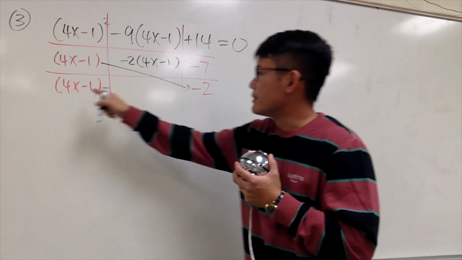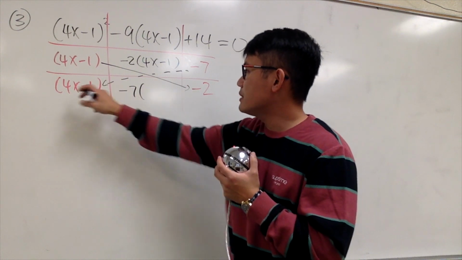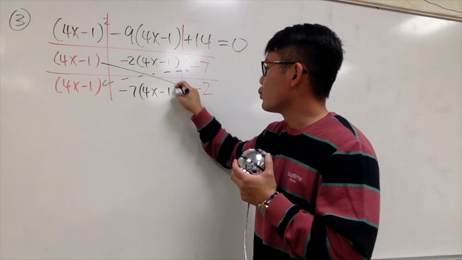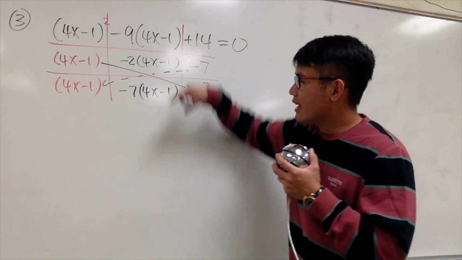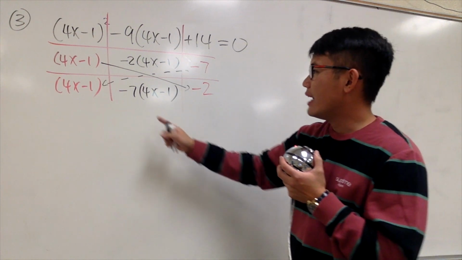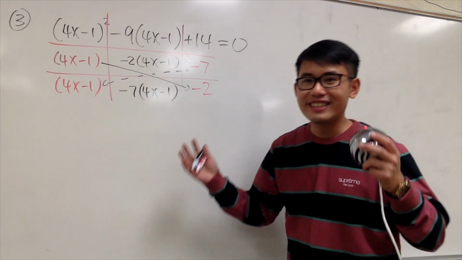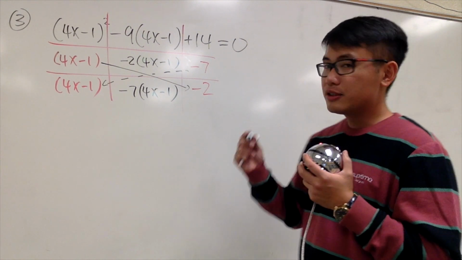And this times that, so we will have negative 7 times 4x minus 1. And you see, this and that, they are the same term, and negative 7 combined with negative 2, we have negative 9. So once again, we did it right. And this is going to be a factoring.